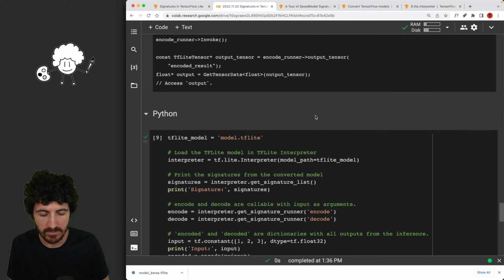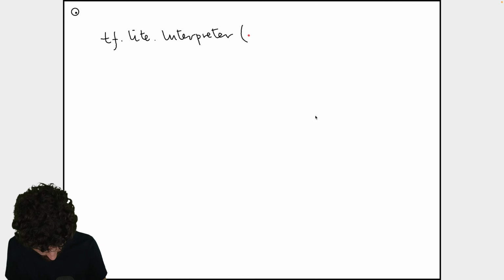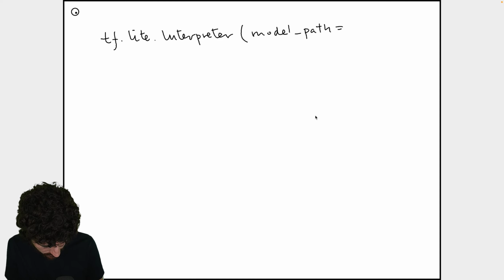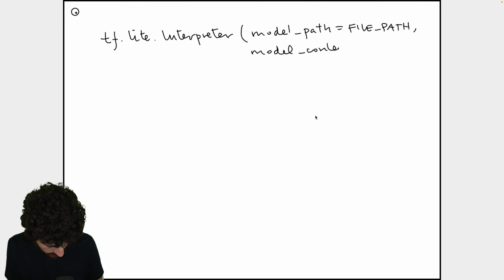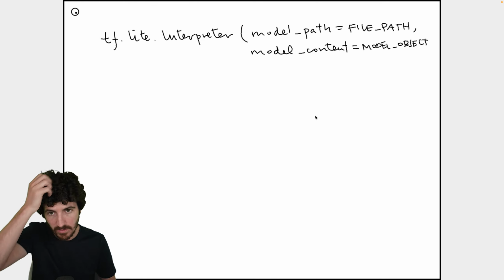So this is TF Lite interpreter, and then we can do from model path, and then a file path, or model content, and then we do here a model object.